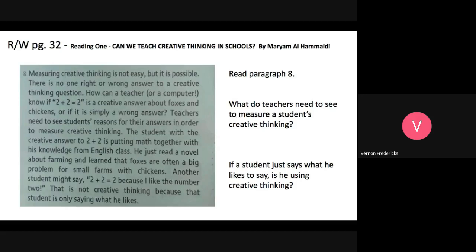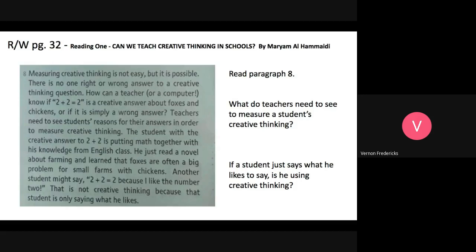The student with the creative answer 2 plus 2 is putting math together with his knowledge from English class. He just read a novel about farming and learned that foxes are often a big problem for small farms and chickens. Another student might say 2 plus 2 equals 2 because I like the number 2. That is not creative thinking because that student is only saying what he likes.